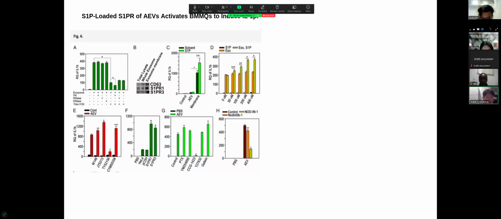So these results show that the sphingosine 1-phosphate receptor with their ligand sphingosine 1-phosphate collectively activate macrophages and induce inflammatory cytokines, for example, IL-1 beta. And this signal can possibly be caused by NOD1/2 signaling, one of the intracellular pattern recognition receptors. Okay, next slide.